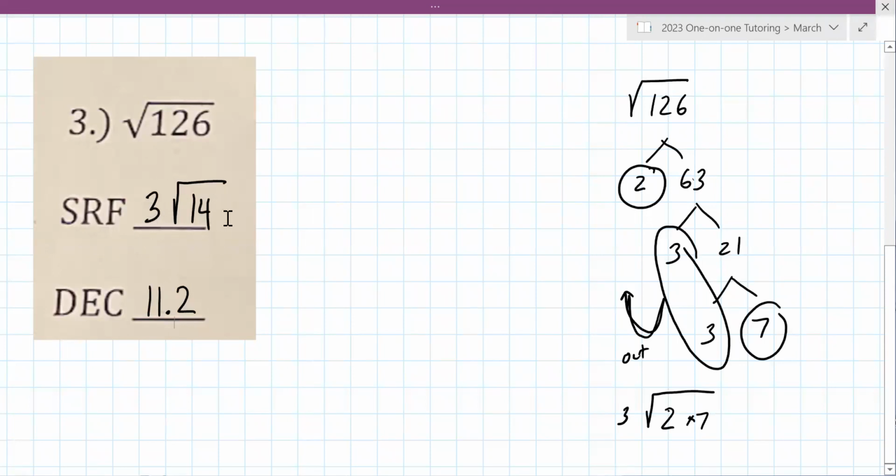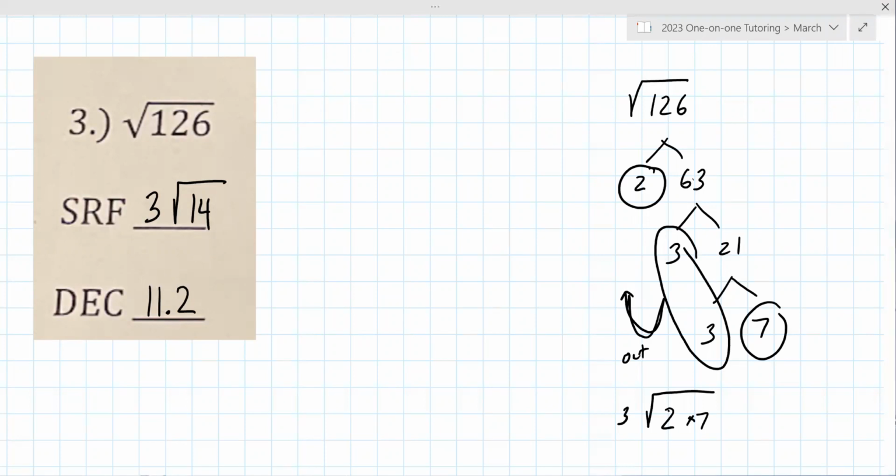3 square root of 14. Do you have an answer for me with the calculator?